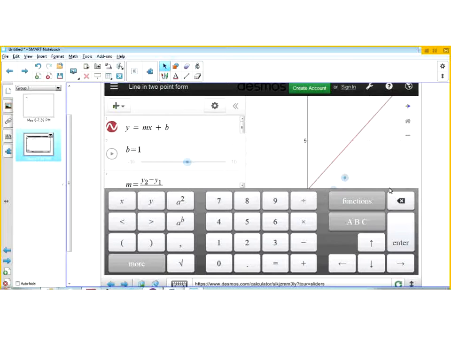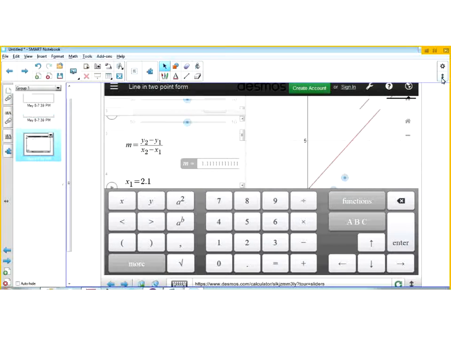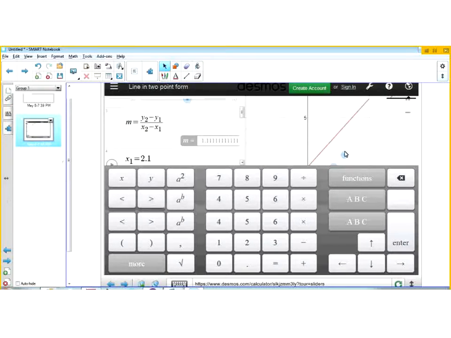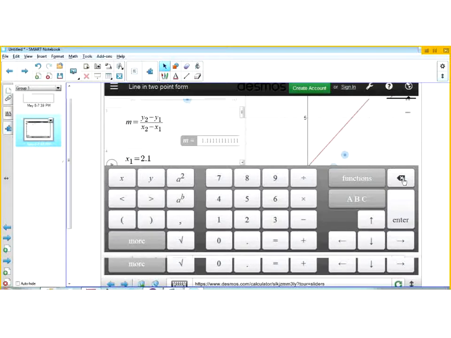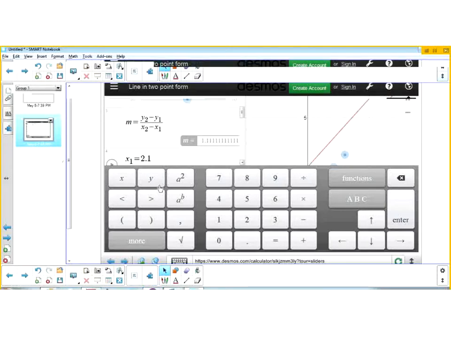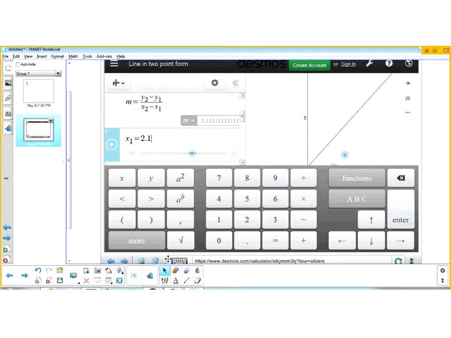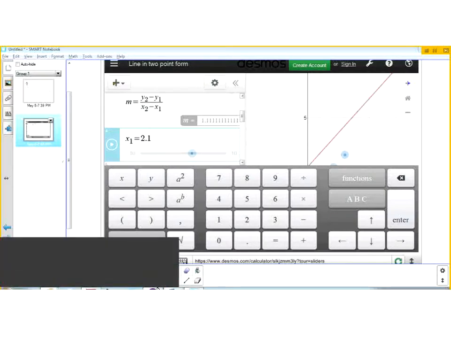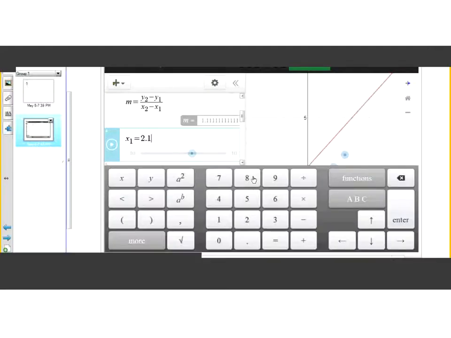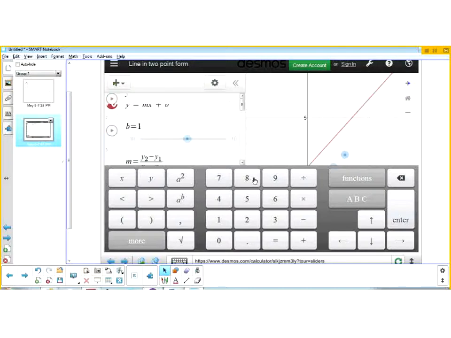And let me get rid of the, see how I dismiss this. I have to redraw that.